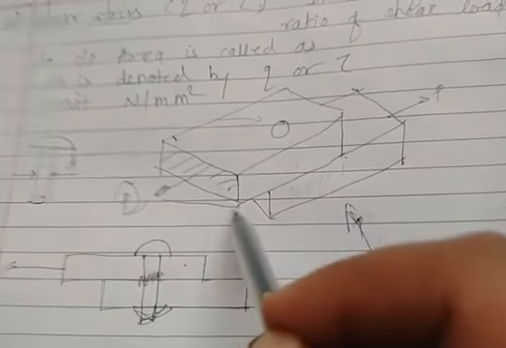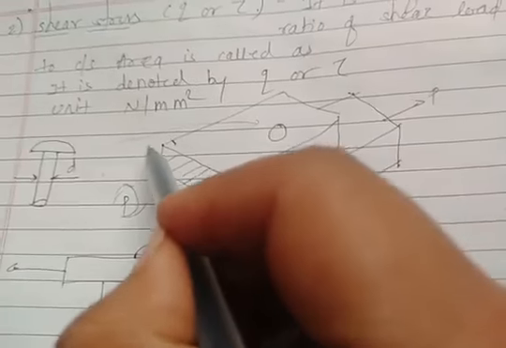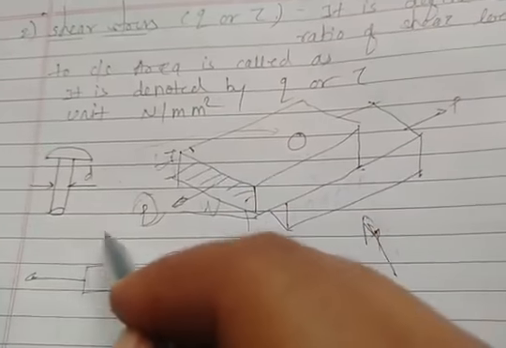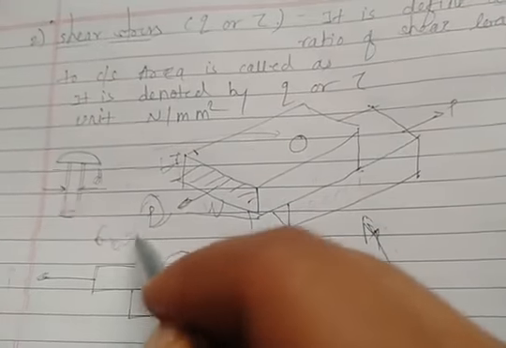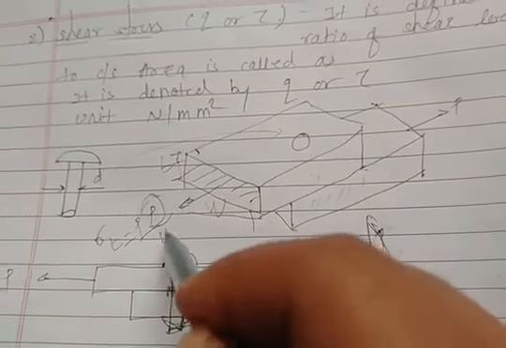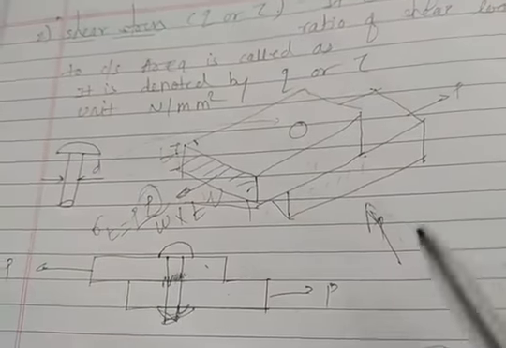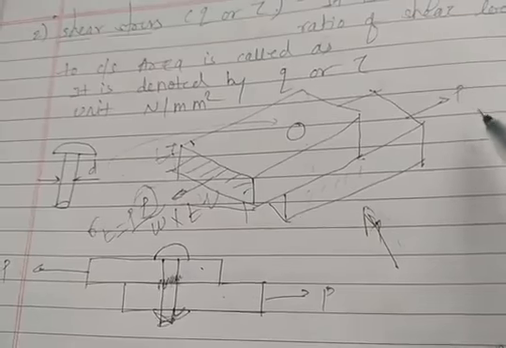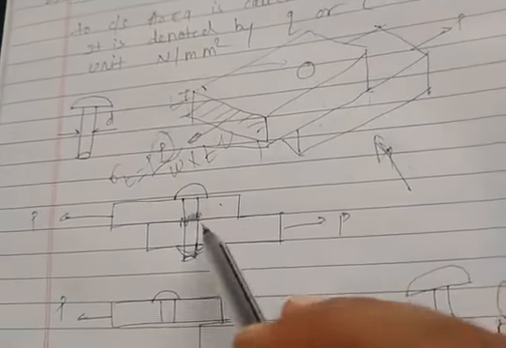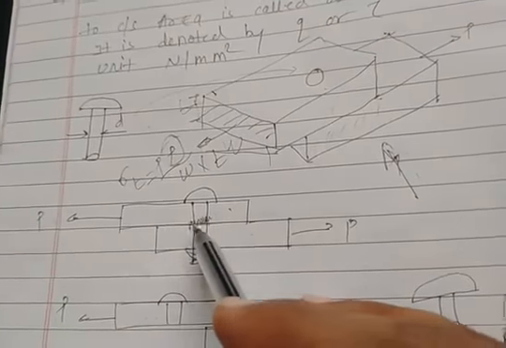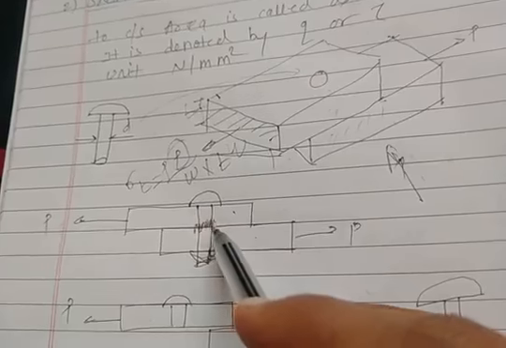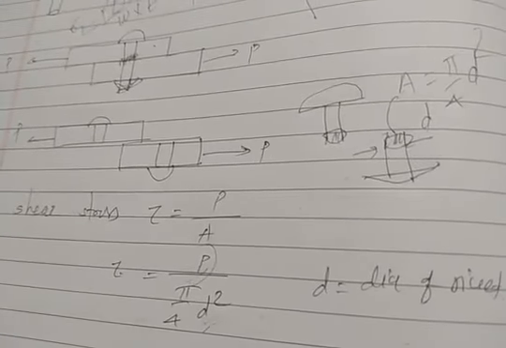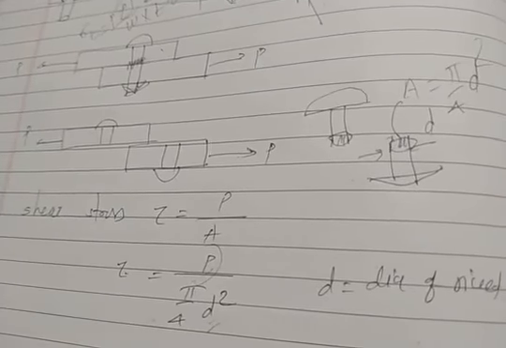Suppose this is the width and this is the thickness, then the stress will be sigma T, load P upon area W into T. But when we consider these two loads, and these two loads are parallel, this rivet will shear off. So in case of the rivet, there will be shear stress.